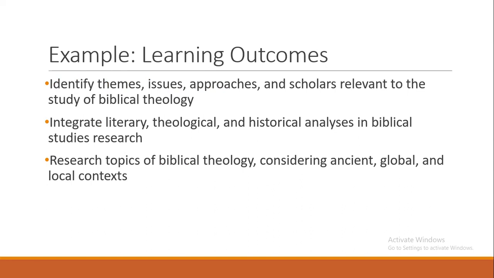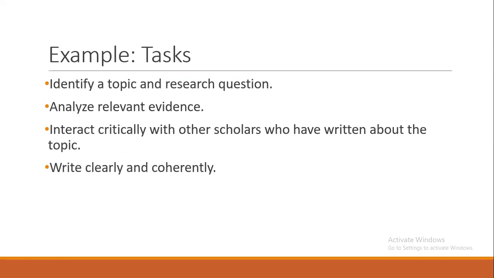So learning outcomes from this course include: to identify themes, issues, and approaches that are relevant in biblical theology; then to integrate different ways of research, so literary, theological, and historical analyses; and then third, to research topics of biblical theology, considering different contexts. This is not all the learning outcomes for the course, but it's the ones that are most relevant for this assessment, which was the final paper in the course.